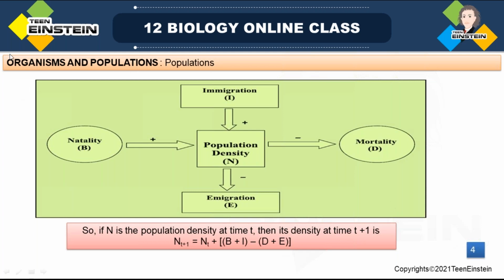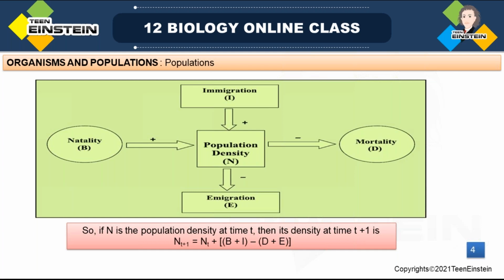So from this figure, it's very clear when we are calculating the population density at a particular period, immigration, new individuals added, then natality, new births, will increase the number of individuals in a population, or the population density.